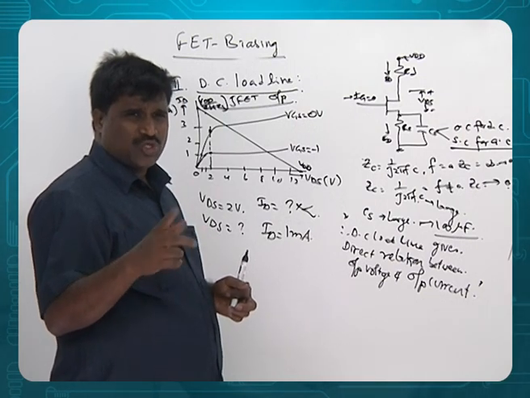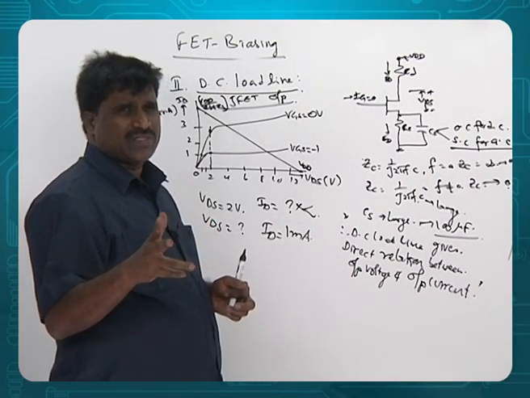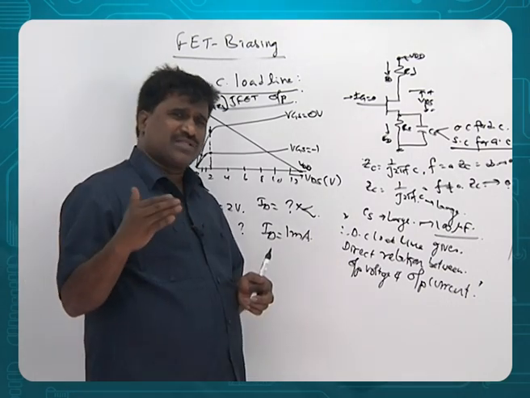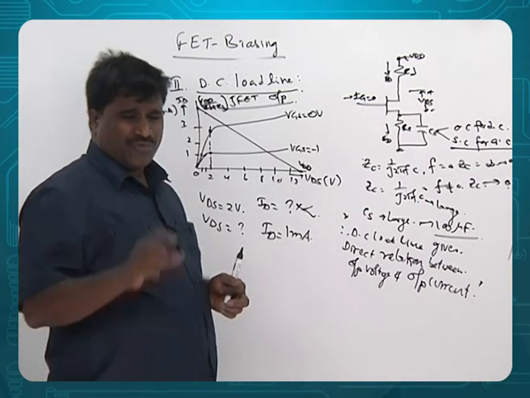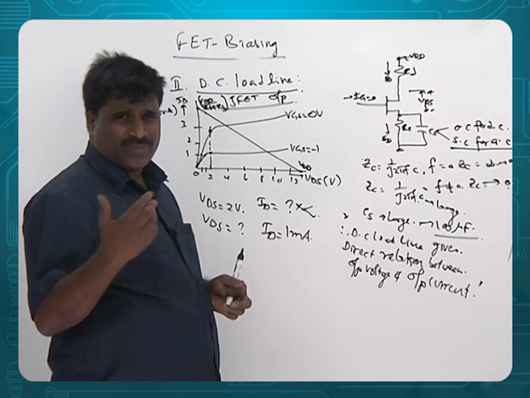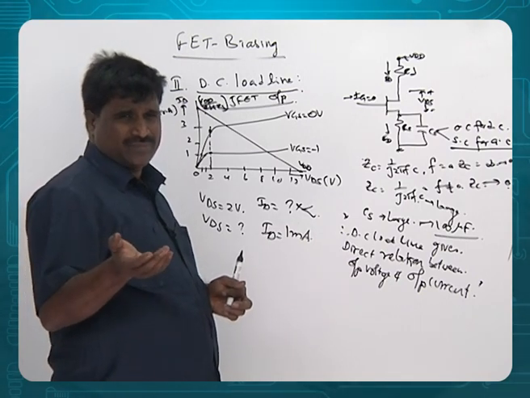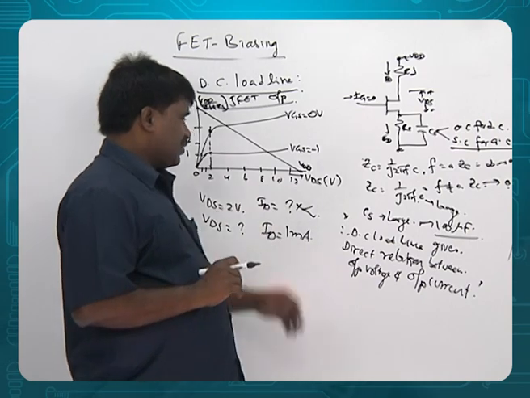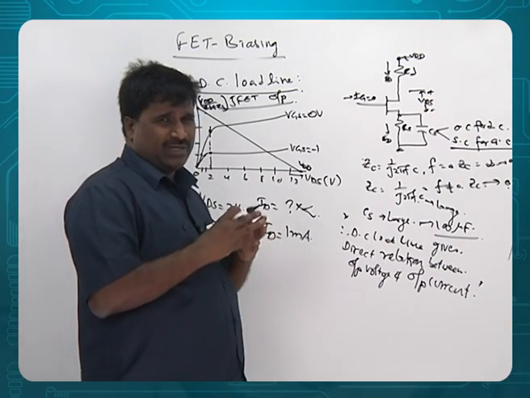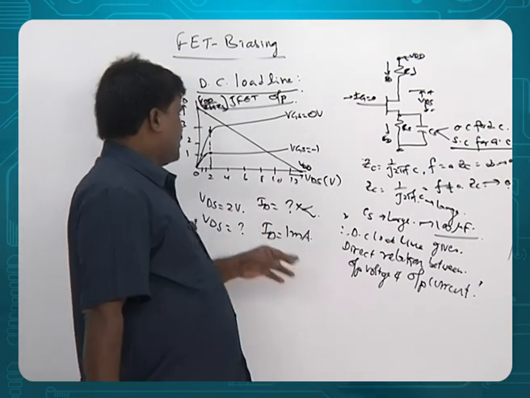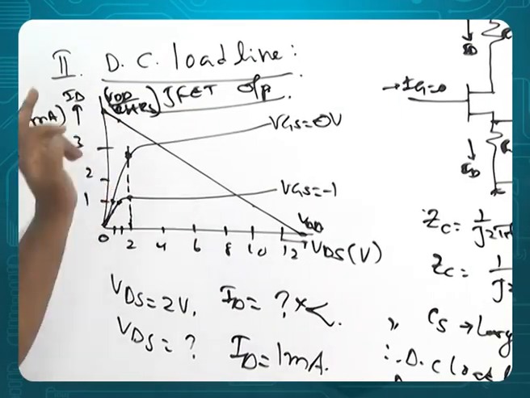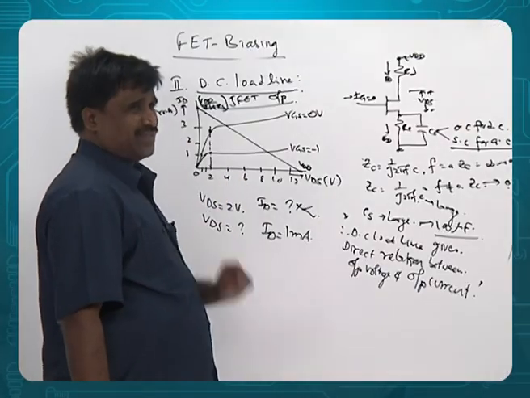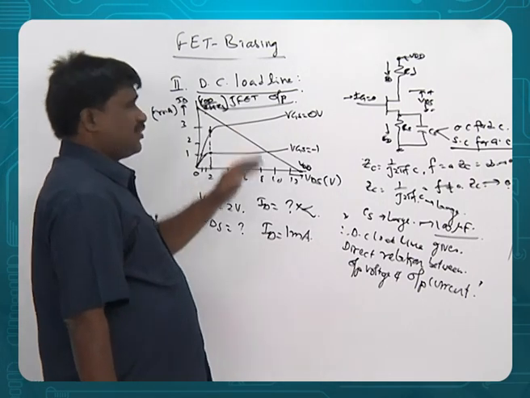Every element has two specifications. If one is maintained and the other is not maintained, that's not possible. Therefore, you have to go for every element with two specs. That's why it has a voltage rating and current rating where it's working. So this is called DC load line.